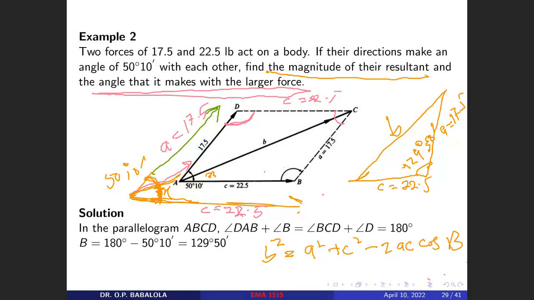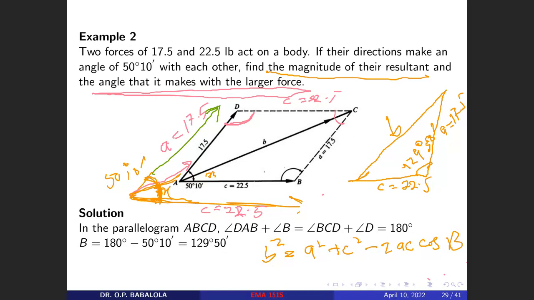So we had to compute angle B in order to use our sine rule, our sine law. That's why we need to compute this angle B. And we can compute angle B because we know DAB plus B, this angle, will be equal to 180.